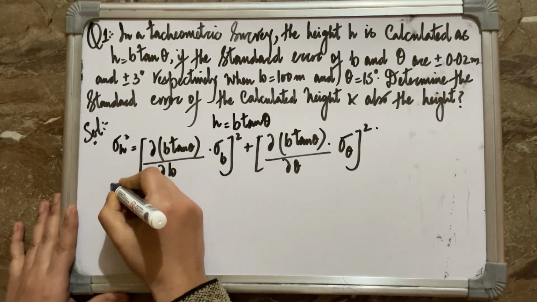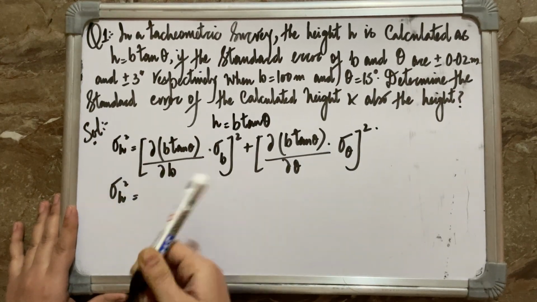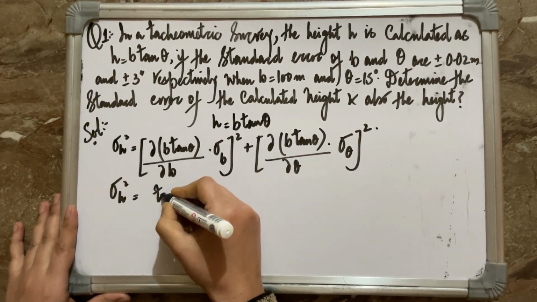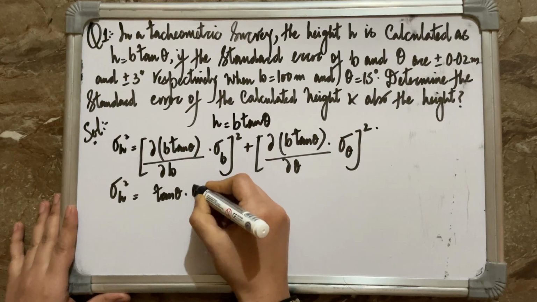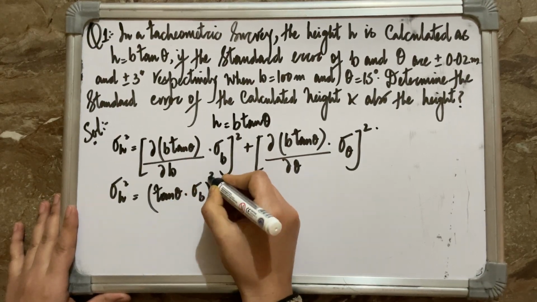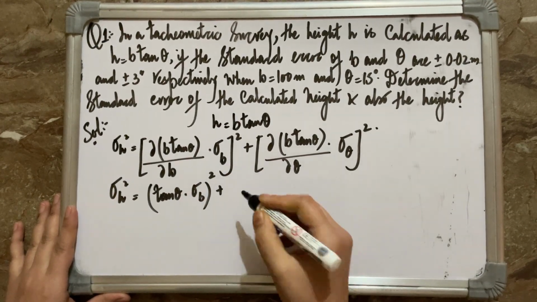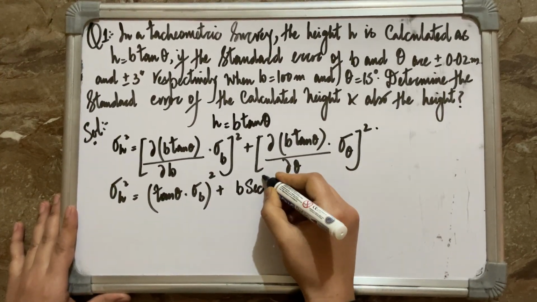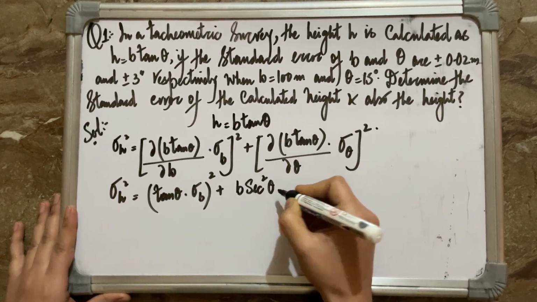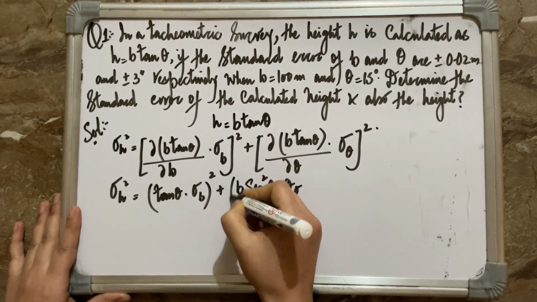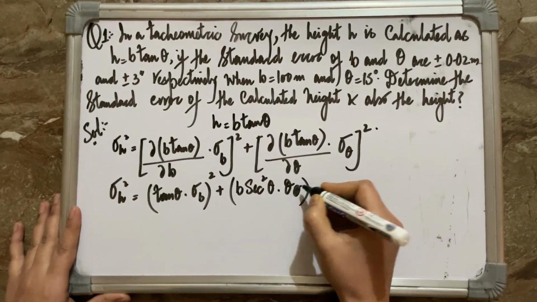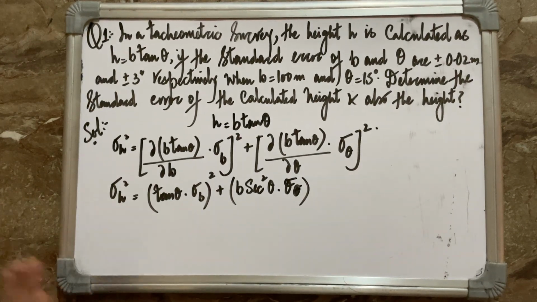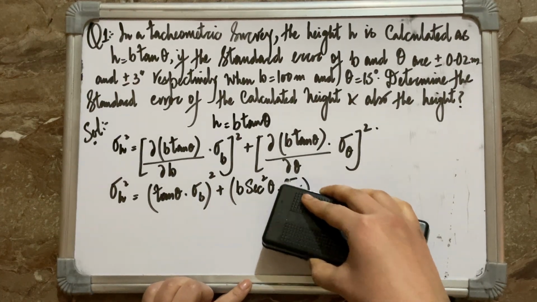All right, by calculations, sigma h square is equal to tan theta, square of it, and the derivative of tan theta is secant square theta, times sigma of theta. Sorry, I'm writing it, please don't get confused.